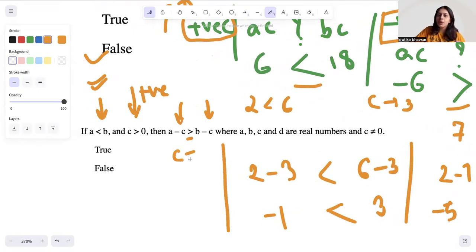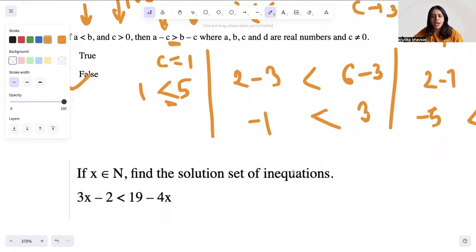What do we have? We have 2 minus 1, which is 1. And we have 6 minus 1, which is 5. And the inequality still holds. But it is not the exact one that is given in our question. Our inequality stays like that. It does not flip the sign. So this is a false statement. Okay, again, conceptually, very important kind of question.